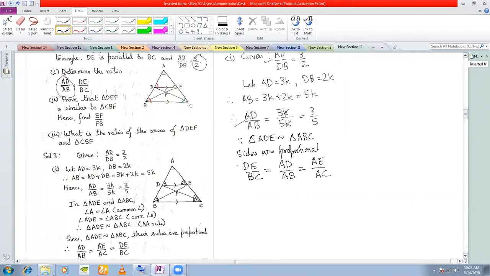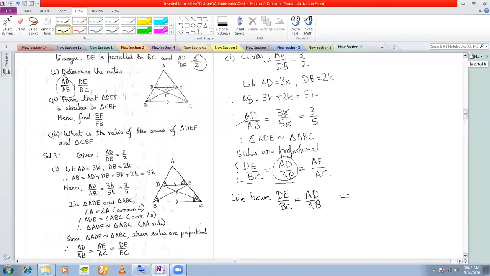We need to calculate this ratio DE by BC. What do we know? We know this ratio AD by AB. So we consider the first two equalities: DE by BC is equal to AD by AB.